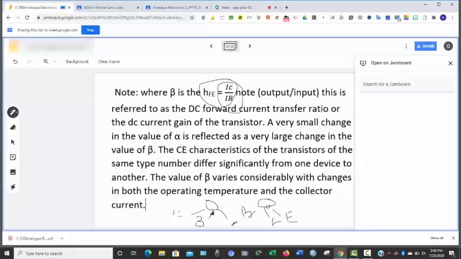Because for any design you want to do, the person who manufactured the transistor has done some tests. After the design, they will do some tests on the component to know what is the maximum current that this transistor can withstand, what is the minimum current that can turn it on, what is the maximum voltage, what is the gain of this transistor. After that has been done, they will now mass produce it and they will write those characteristics.